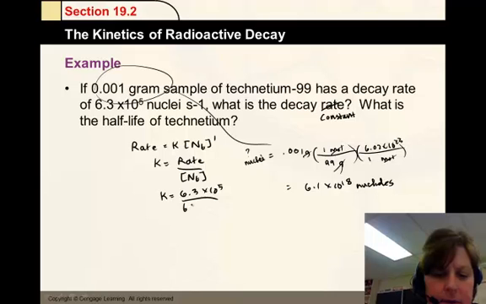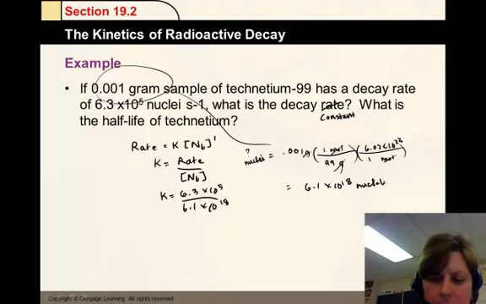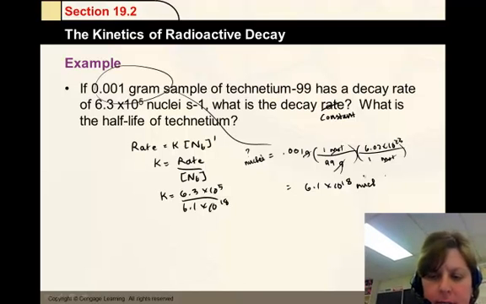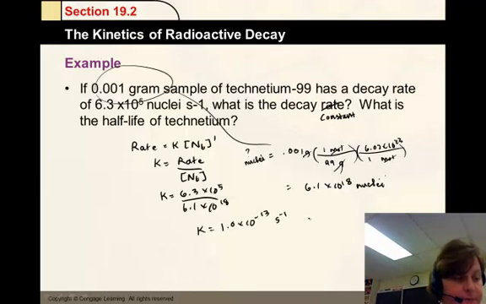And that's the number that I put in the denominator, the nuclei, N-U-C-L-E-I. So when we solve, the k value I got was 1.0 times 10 to the negative 13 seconds to the minus 1, first order reaction.